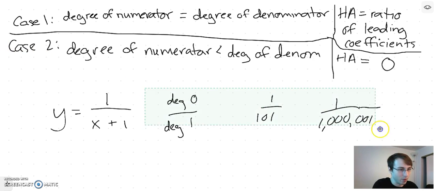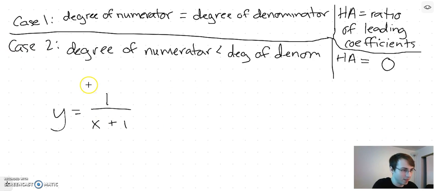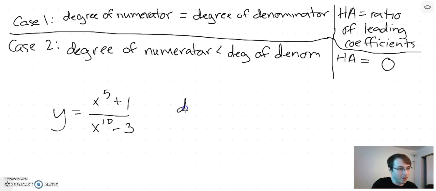So another example of this, just to gain more intuition, is something like x to the 5th plus 1 over x to the 10th minus 3. Well, this is degree 5, and this is degree 10.